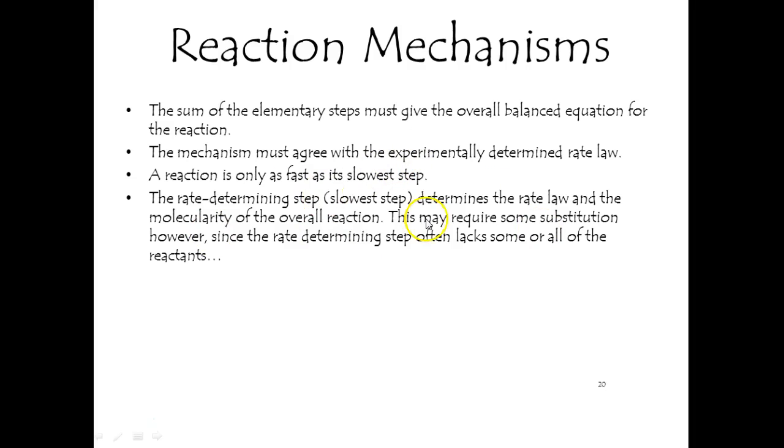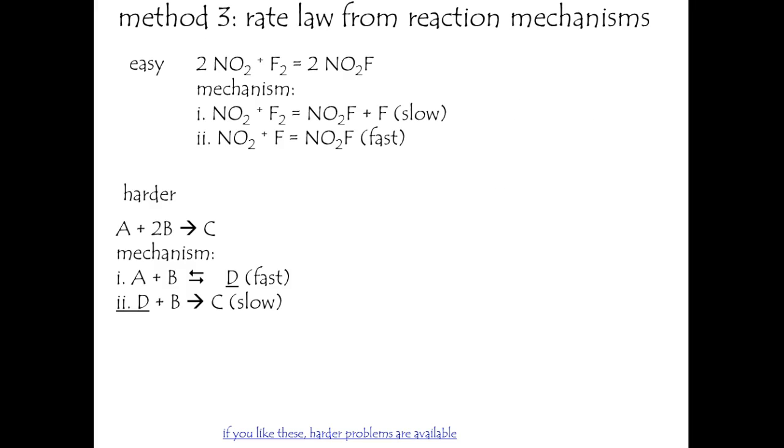However, if the reactants in that rate determining step are not the same reactants from the chemical reaction, you might have to do some substitution, since you can't say that it's equal to a concentration of a certain thing that isn't even a starting material. Let's see examples of that.